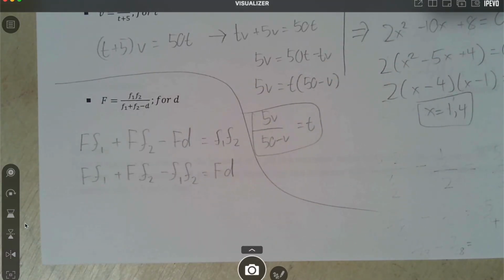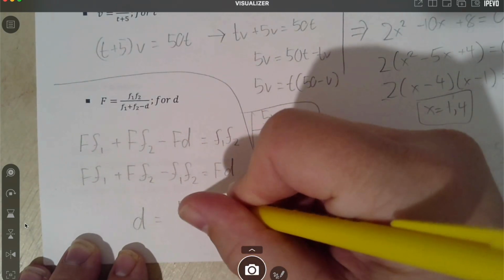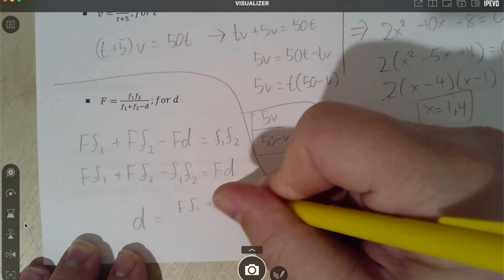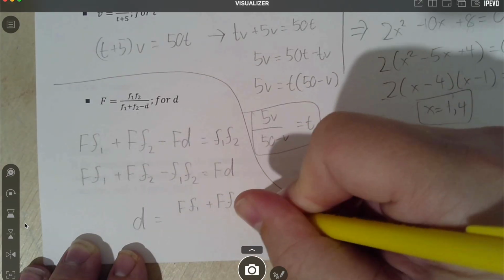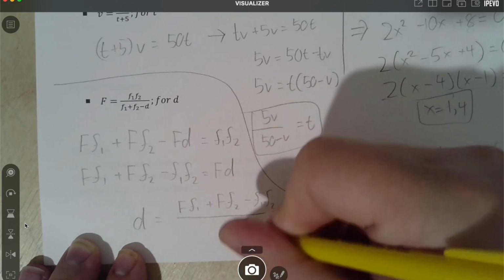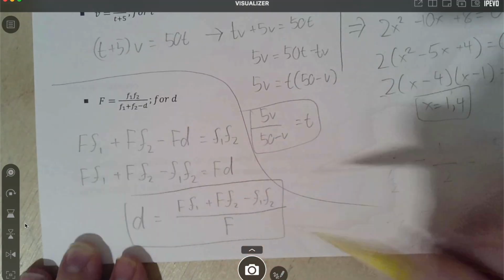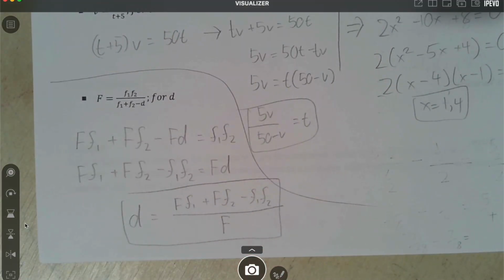To me, that seems like the easier move of getting the terms with d on one side and all the other terms on the other. From there, we're pretty much done. You just need to divide by capital F. So there we go: capital F lowercase f1 plus capital F lowercase f2 minus little f1, little f2, all over capital F. Now, are there other ways you could write that and deal with the capital F's on their own terms? Yes, but really, that will be fine.